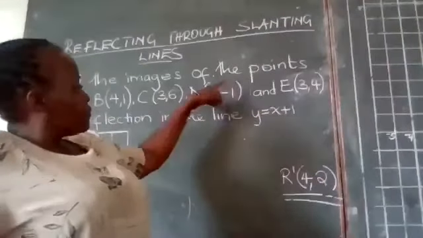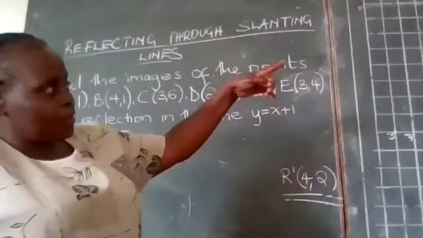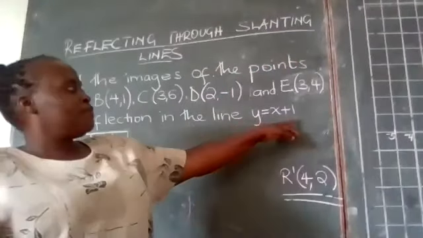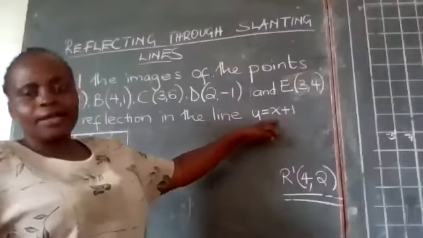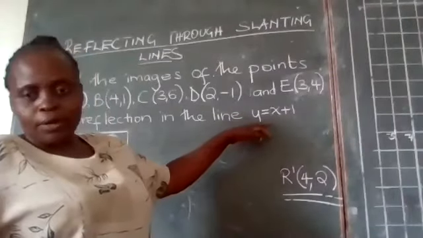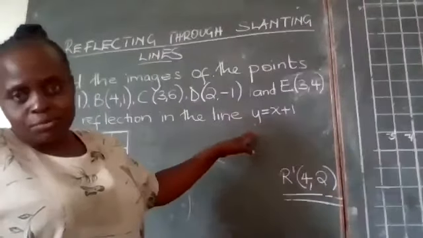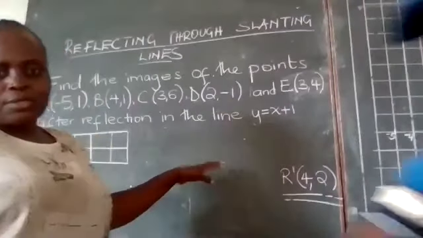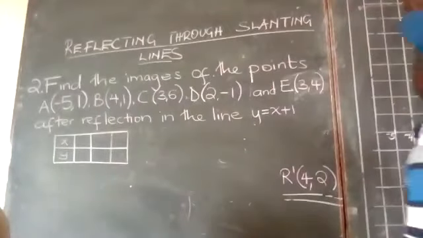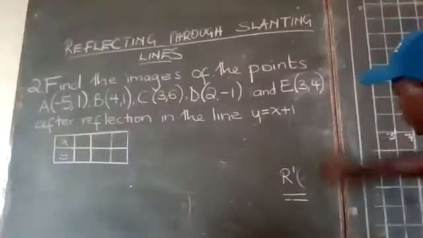According to the mirror line y minus x equals 0. But now we have a different line here, which is acting as the mirror line. So we are going to see the images will change. So that's not something to memorize. Don't memorize.